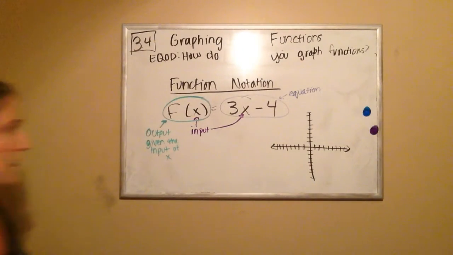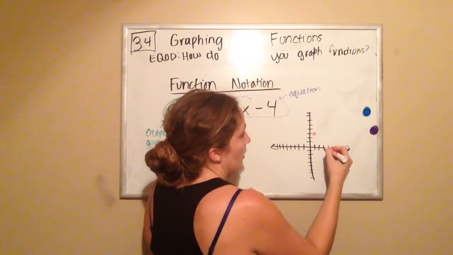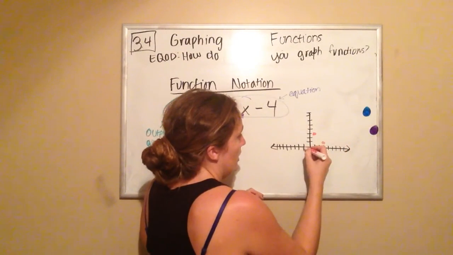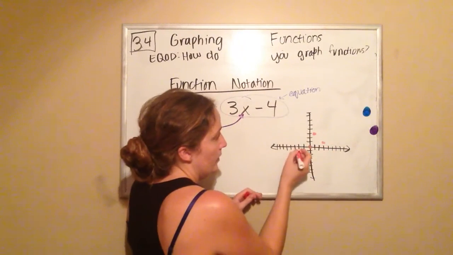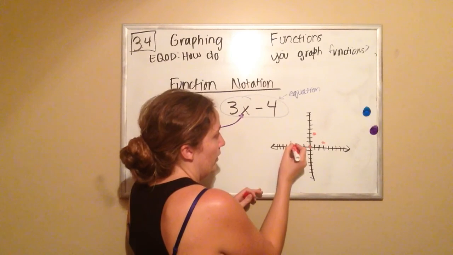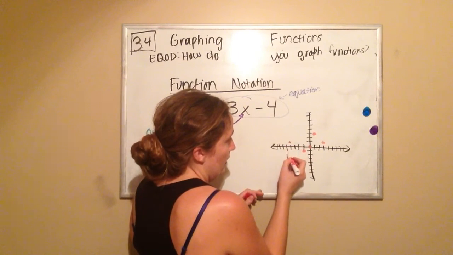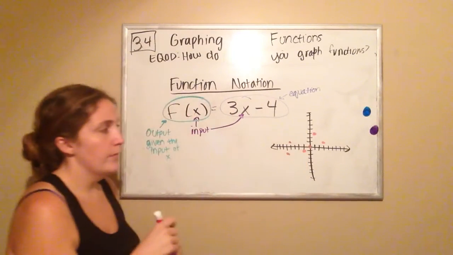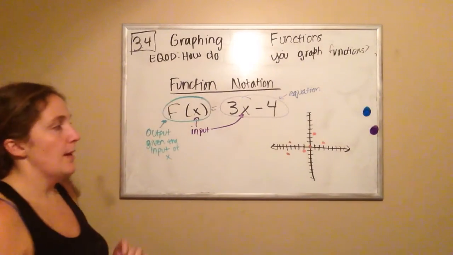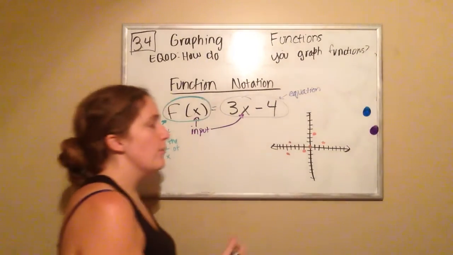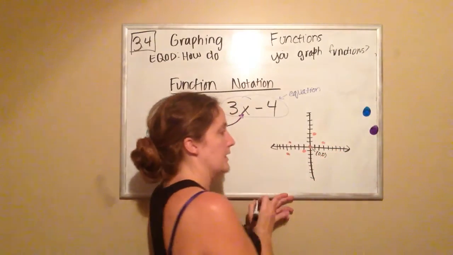Okay, so the couple points I'm going to give are going to be 1, 3, 3, 1, negative 1, negative 1, 0, 0, negative 4, 1, and negative 5, negative 2. Okay, I'm going to go ahead and write in these points because my graph is a little bit hard to read, so you have the information you need to answer the questions I'm going to ask in just a second.